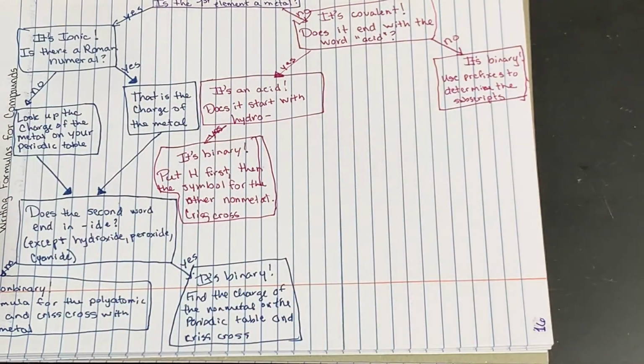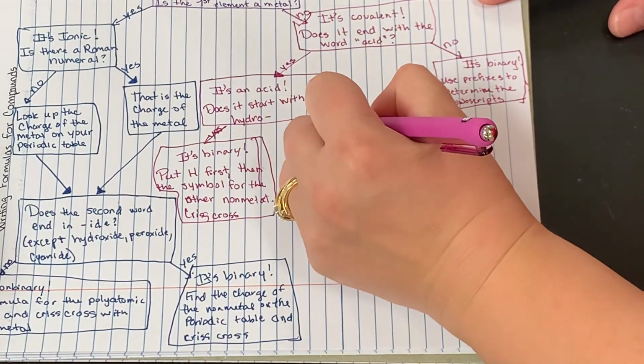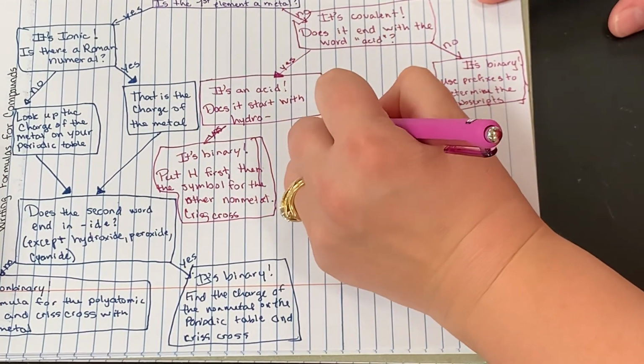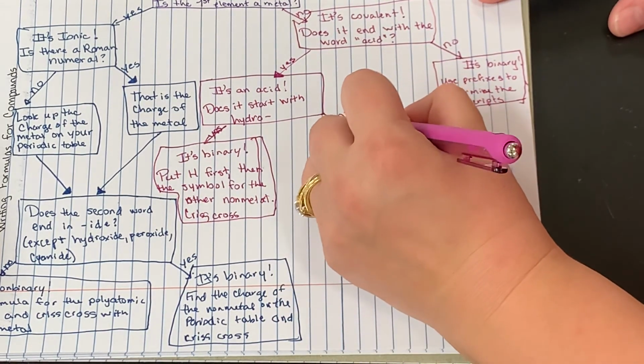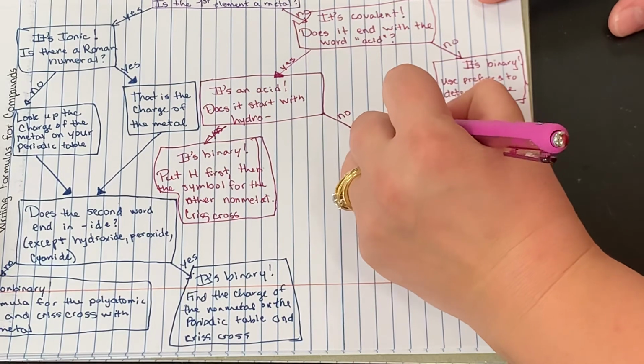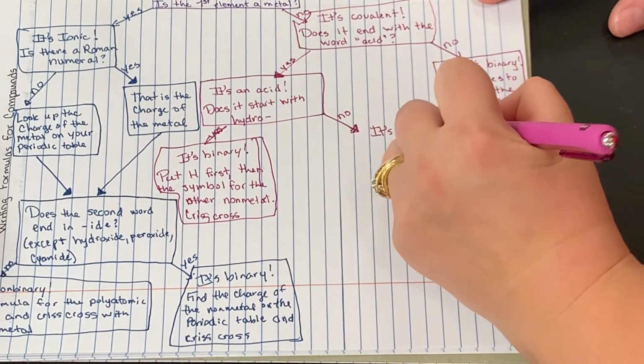Okay. So what if it doesn't start with hydro? This is where things get a little exciting. If it does not start with hydro, then it's non-binary or an oxyacid.